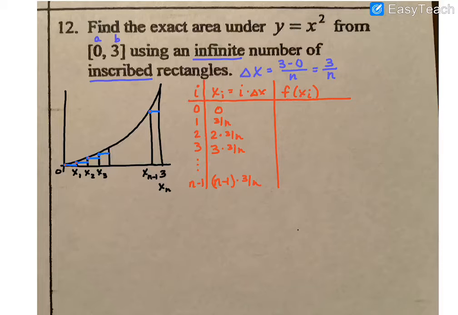So 0 squared is still 0. 3 over n squared, well, I'm going to write it as 3 over n quantity squared. 2 times 3 over n, when I square that, I'm going to write it as 2 squared times 3 over n quantity squared. The next one is 3 squared times 3 over n quantity squared, all the way down to my last one, which is going to be n minus 1 quantity squared times 3 over n quantity squared.